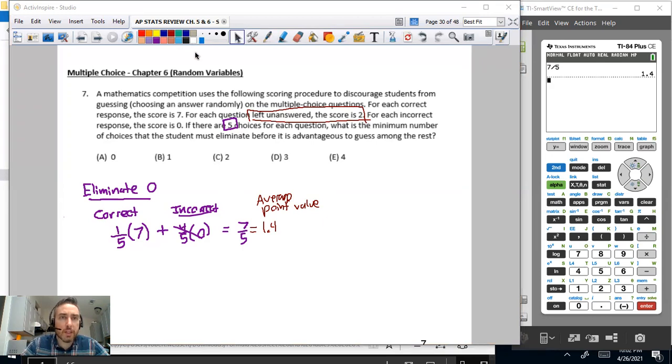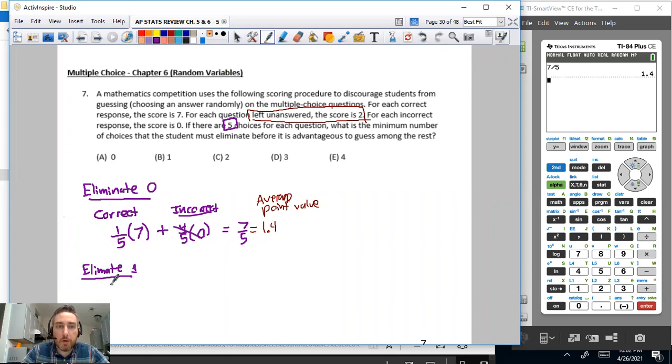What happens when we eliminate 1? All right, so we're going to follow that same procedure. The probability of being correct is going to be 1 out of 4 because you've taken one of the choices away. So 7 points for that.